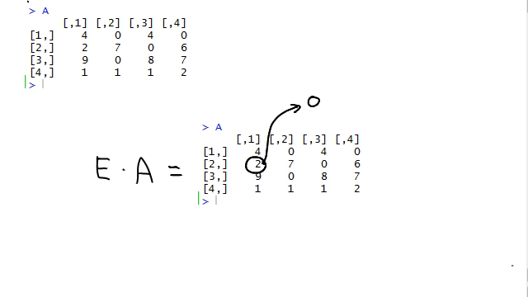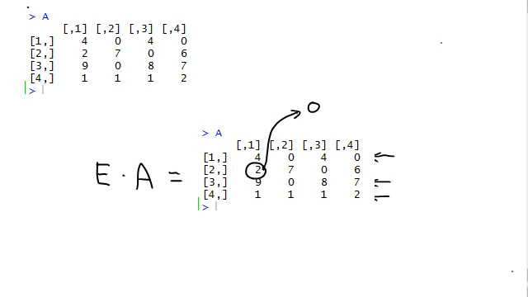No point right now asking why we would like that. That will become clear later. Also, I don't want any changes in these 3 rows, but I'm willing to accept that these numbers change. So that's my goal. Find an elementary matrix E such that the product has a 0 at position 2, 1, and only the second row is altered.